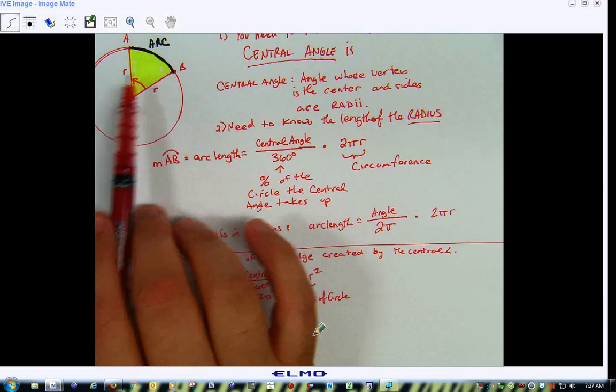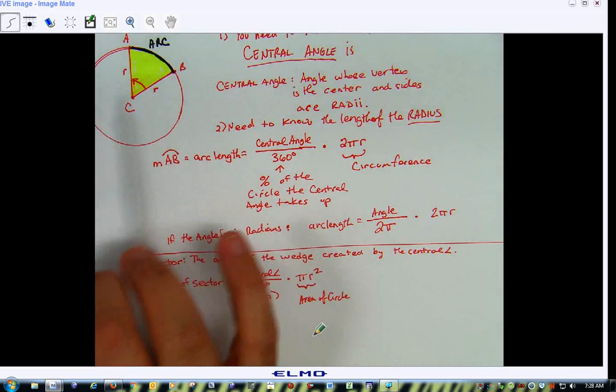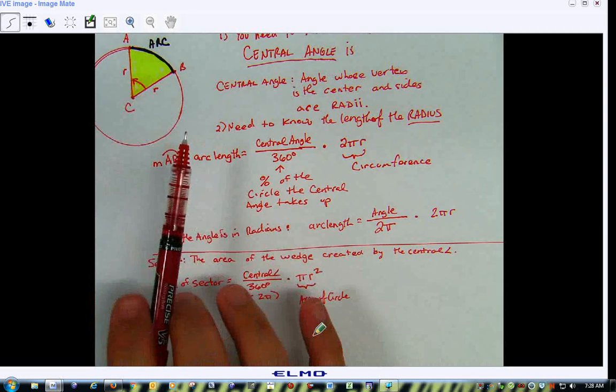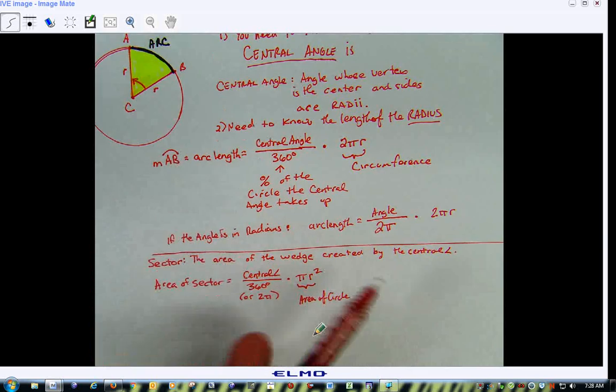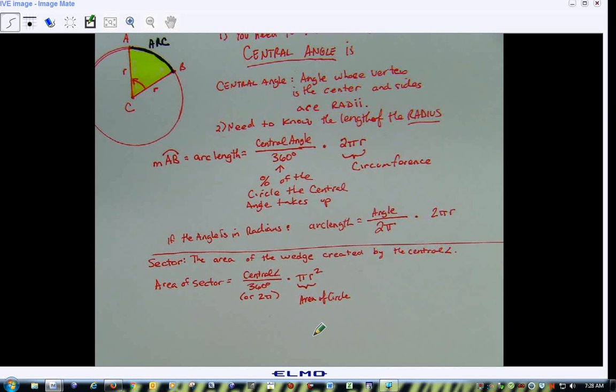And the arc is going to take up 30% of the circumference of the circle. So we have to know how much of the circle we have. We start with that angle. What's that angle? And then we kind of move from there.